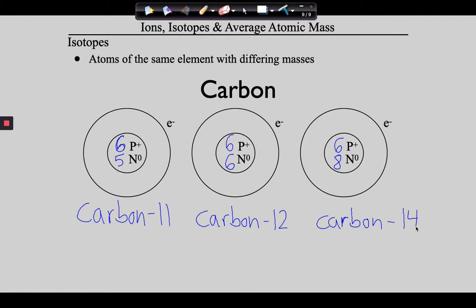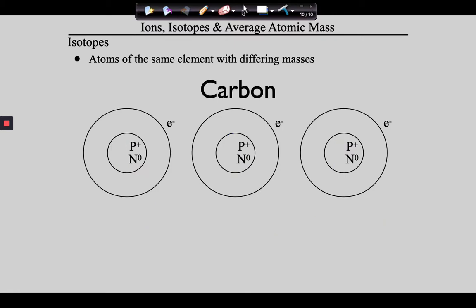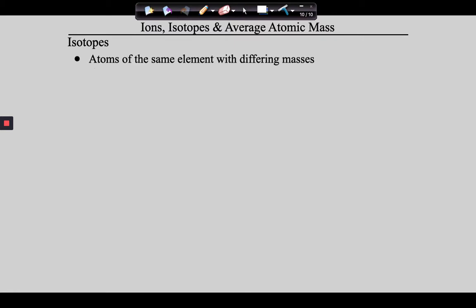You get the idea? Okay, so guys, this then is what you need to understand about these ideas of isotopes. Isotopes differ, their masses differ, because they have different numbers of neutrons. But guys, this is the thing you got to understand.